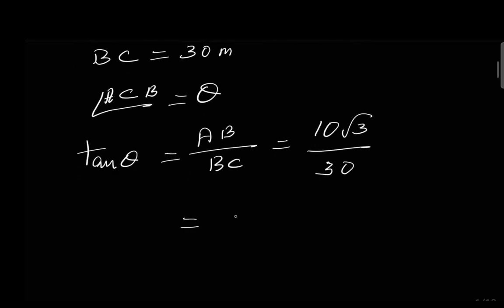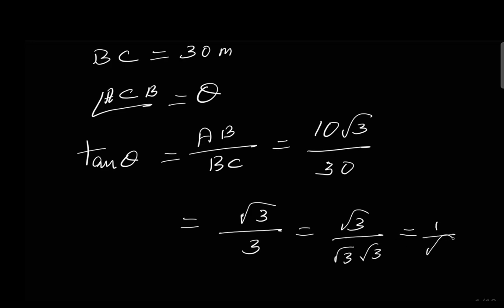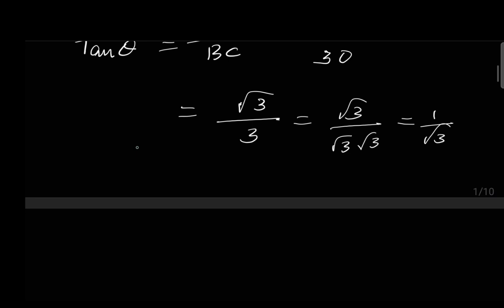So you cancel the term: root 3, and 10 by 30 is 1 by 3. I write 3 as root 3 into root 3. One root 3 cancels, 1 by root 3. So I got the answer: tan theta is equal to 1 by root 3.